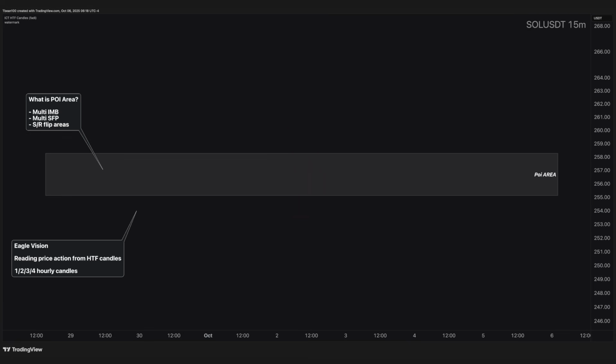Now, what we need is that eagle vision, the ability to read the price action clearly just from higher time frame candles. So let's say the price drops into your POI area like this, with huge red candles forming one after another, showing massive downward pressure. That usually means sellers are completely in control here, and the buyers are too weak to push back.